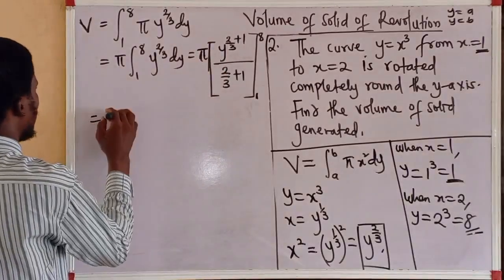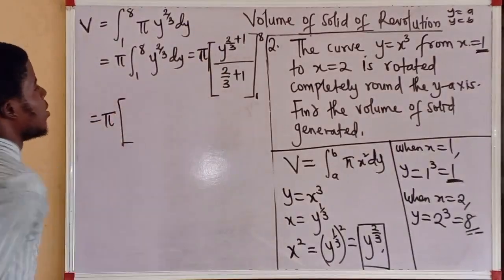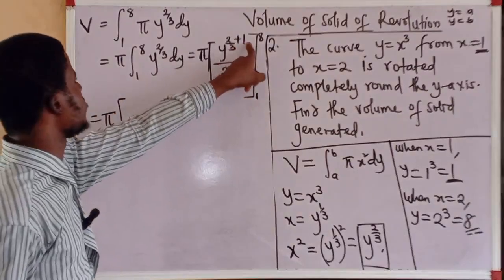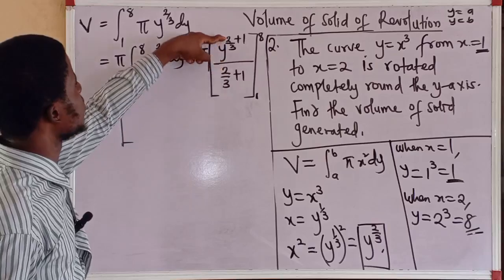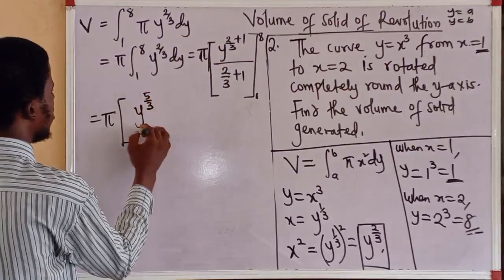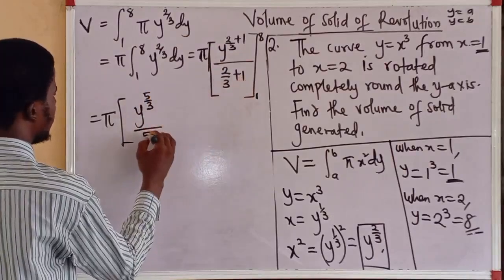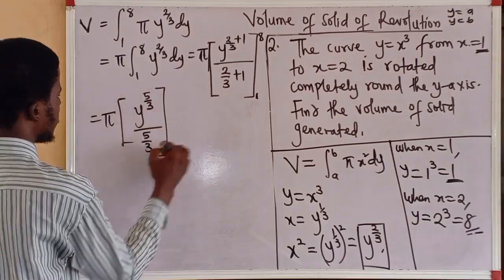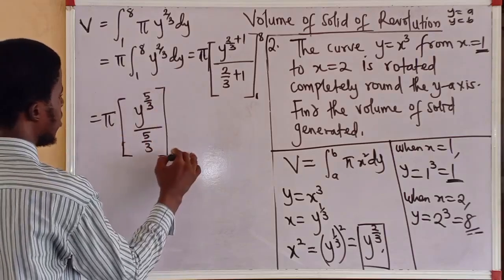So let's evaluate this. We have pi. 3 times 1 is 3. 3 plus 2 is 5. So y to the power of 5 over 3, upon the same thing here, 5 over 3, from 1 to 8.